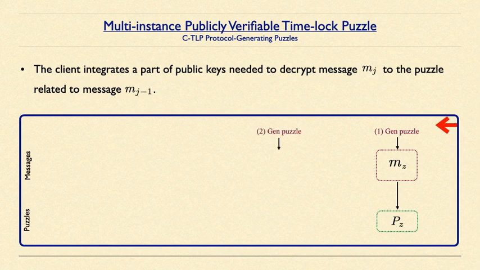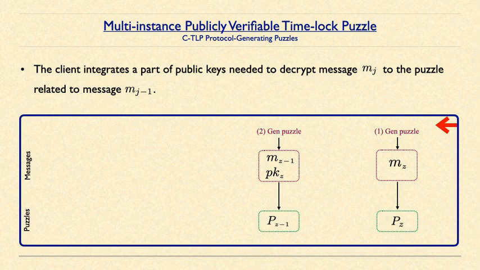Then the client moves on to the next message, Mz-1, that is supposed to be discovered by the solver before Mz. It processes Mz-1 to generate a puzzle Pz-1.